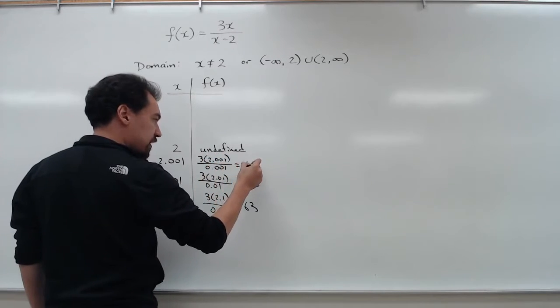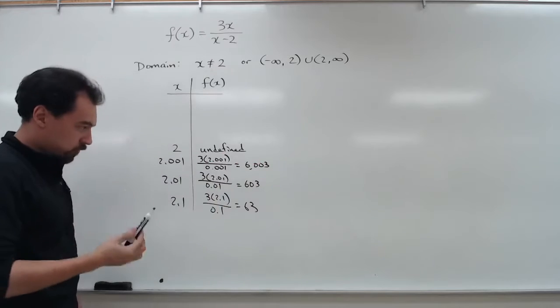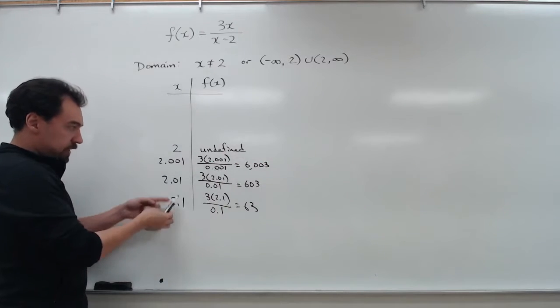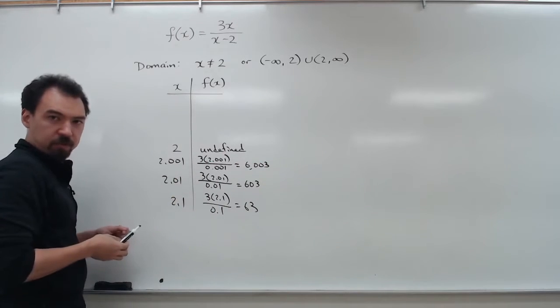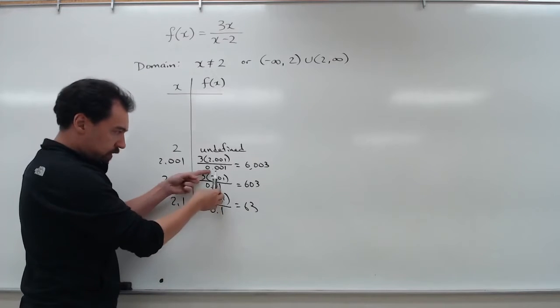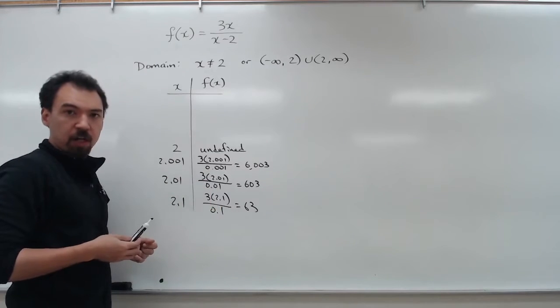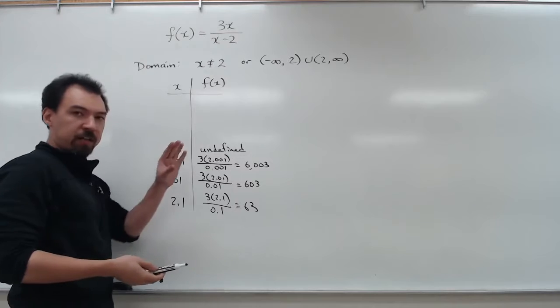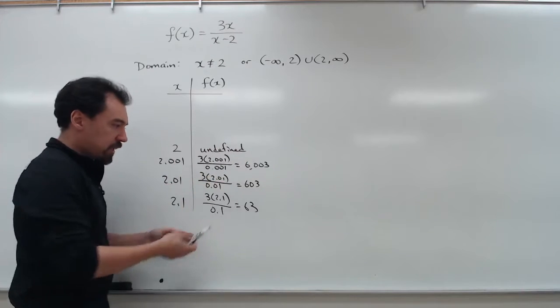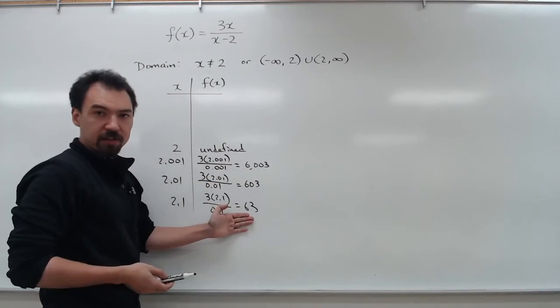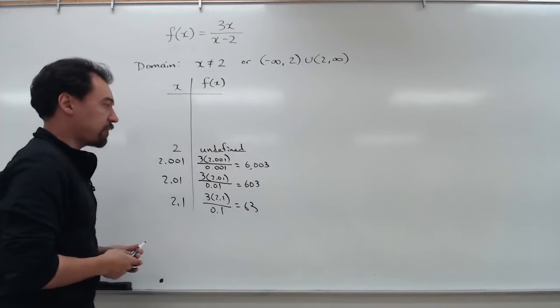The result is 6,003. The trend I want you to see is, as x gets closer and closer to 2, the denominator gets closer and closer to 0. When you divide by a smaller and smaller number, you should get a bigger and bigger answer, and that's what we're seeing here in f of x.